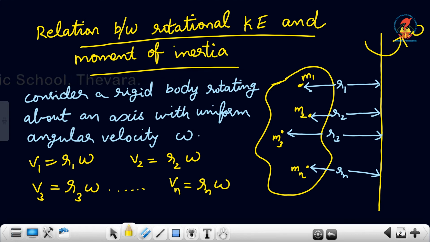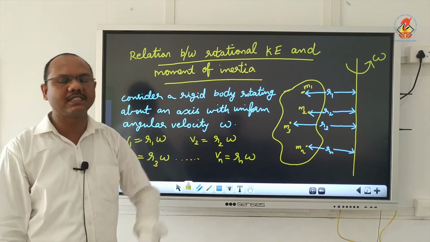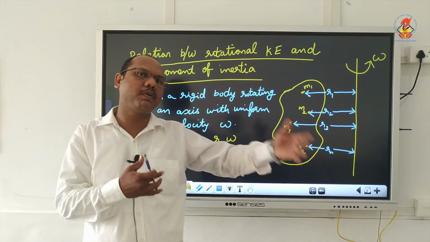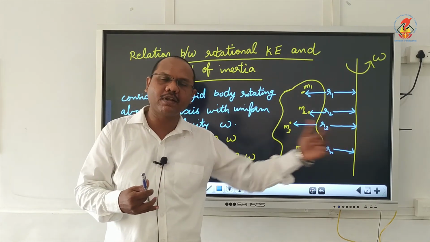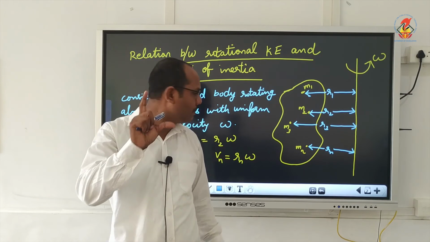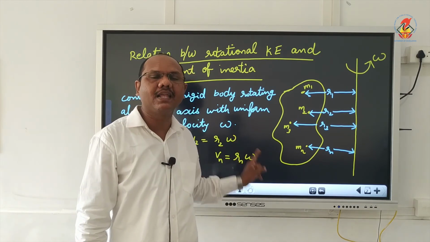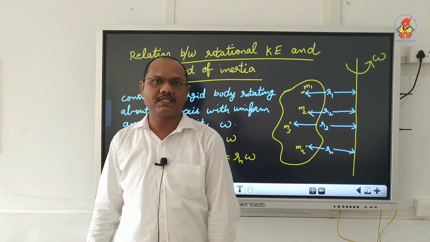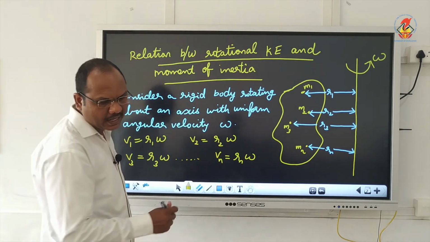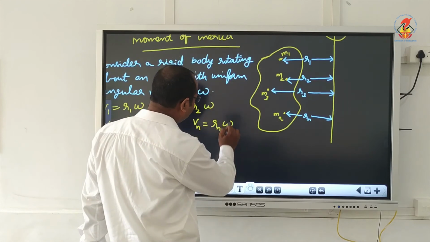So the linear velocity of each particle is different, whereas the angular velocity, omega, of all the particles remains the same.